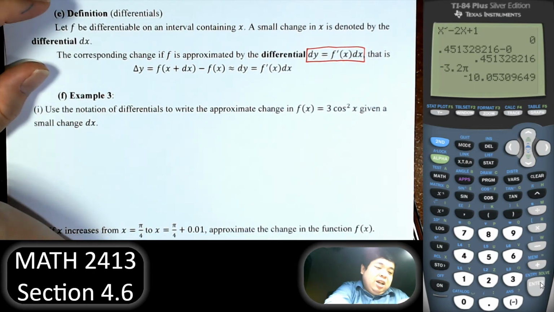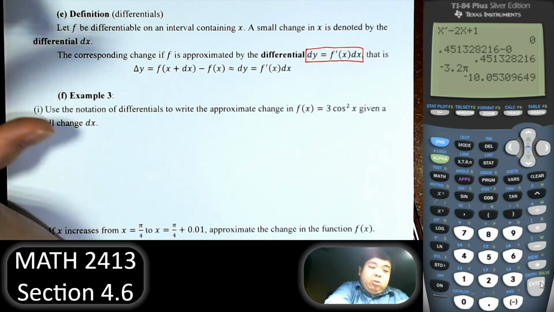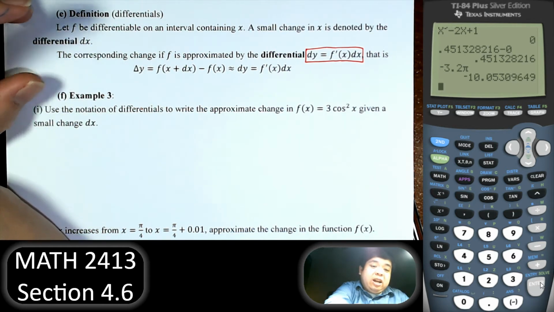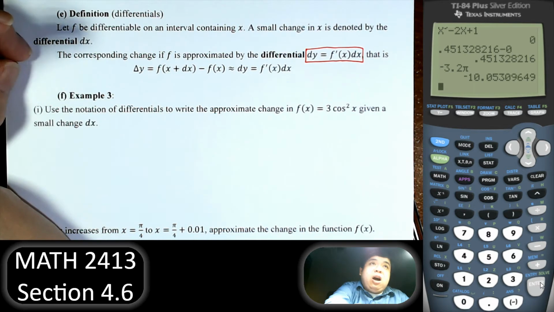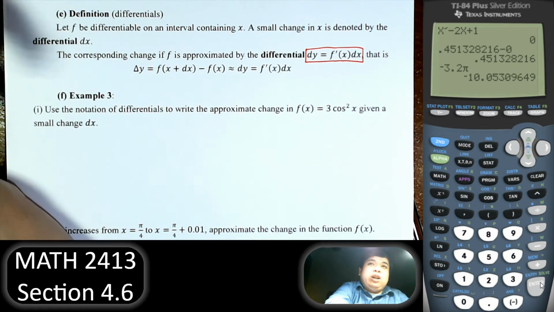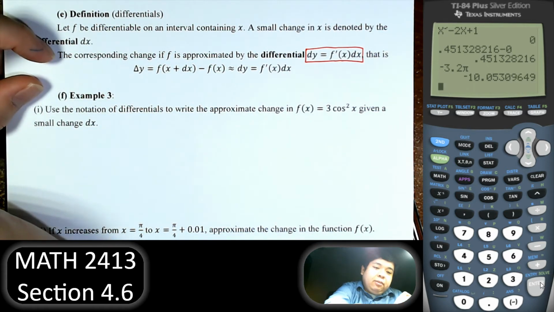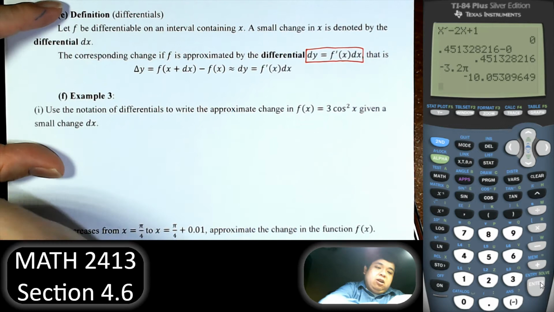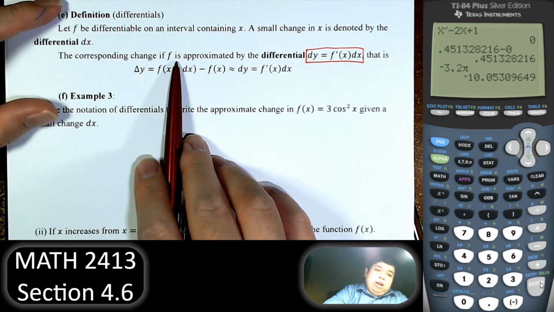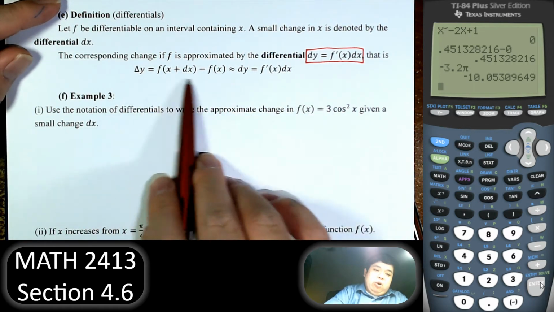So let f be a differentiable function on an interval that contains x. A small change of x is denoted by the differential dx. So usually we can say delta x is equal to dx, because that's the small change in x. And the corresponding change in f is approximated by that differential.